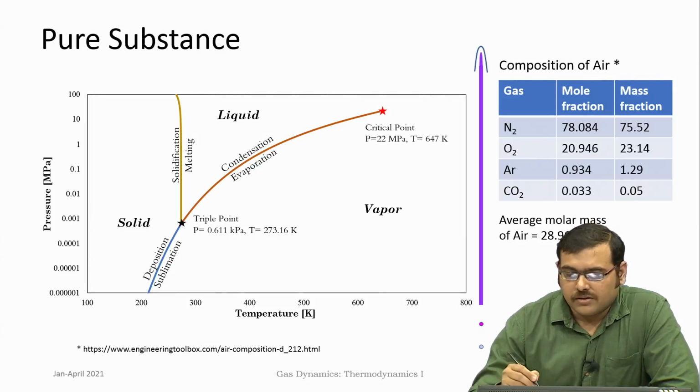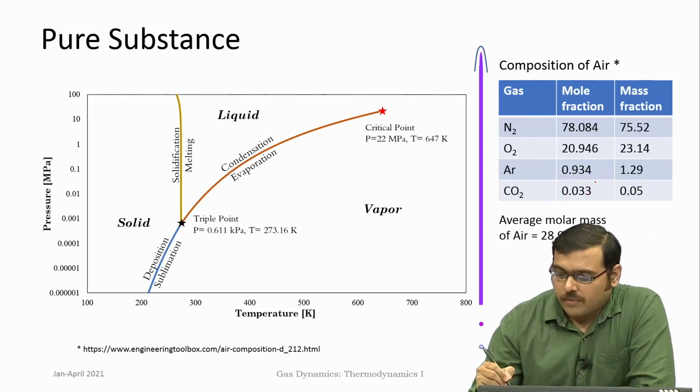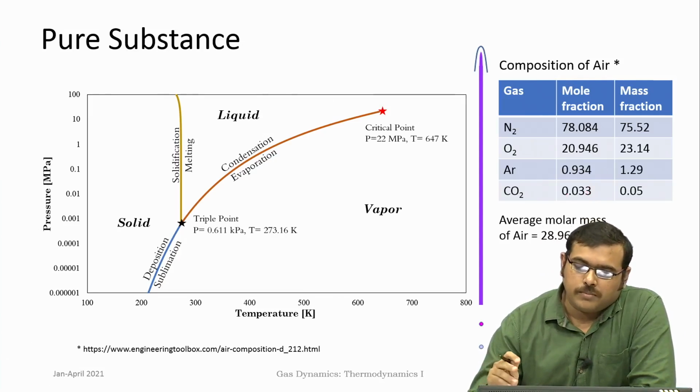It has a mixture of molecules which has nitrogen and oxygen as the main components. In mole fractions it is 78% nitrogen and close to 21% oxygen. You have other trace elements like argon and carbon dioxide, the rest are very small. But for most of our considerations, this mixture behaves like a pure substance.